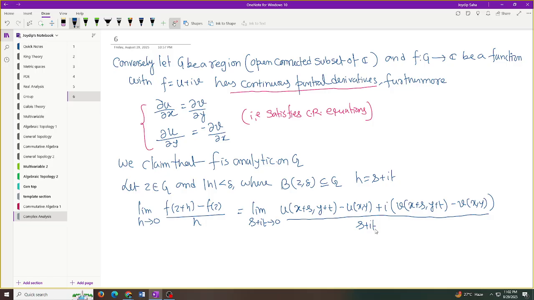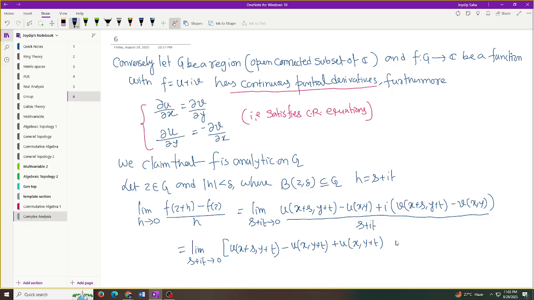That can be written as the limit of u(x plus s, y plus t) minus u(x, y plus t) plus u(x, y plus t) minus u(x,y).